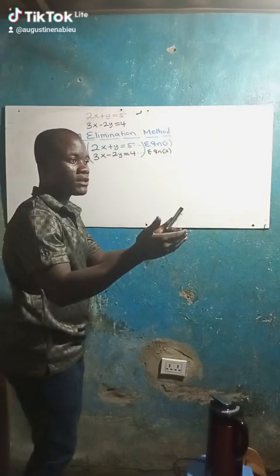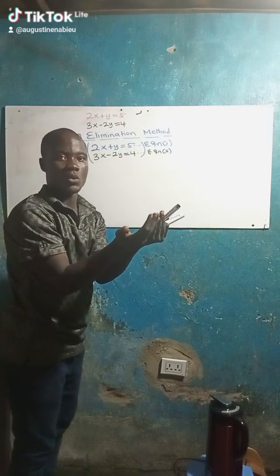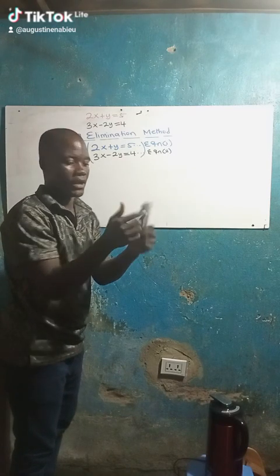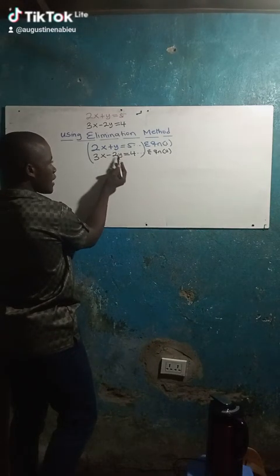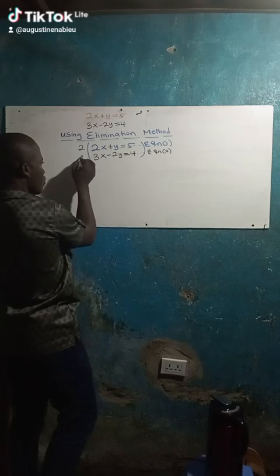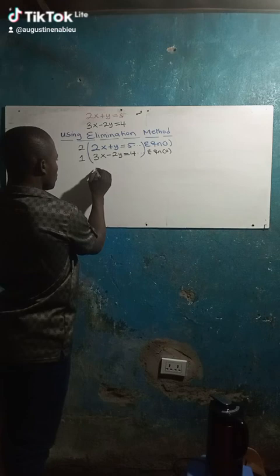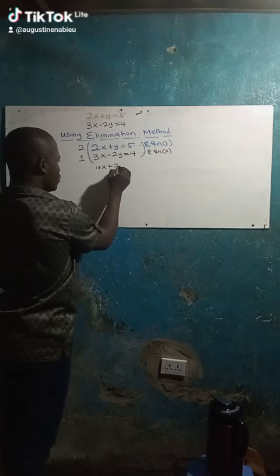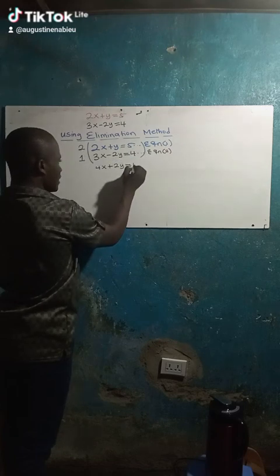I have to balance the equation in terms of y. We have negative 2y and positive y. I need to use 2 here and 1 here. So 2 times 2 is 4x, plus 2 times y is 2y, is equal to 2 times 5, which is 10.